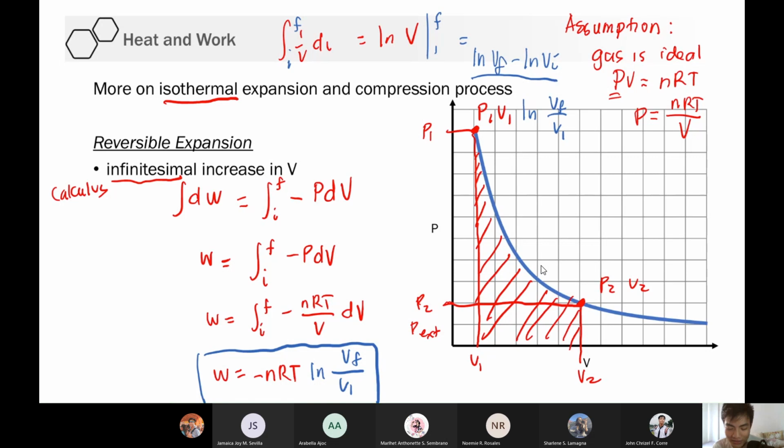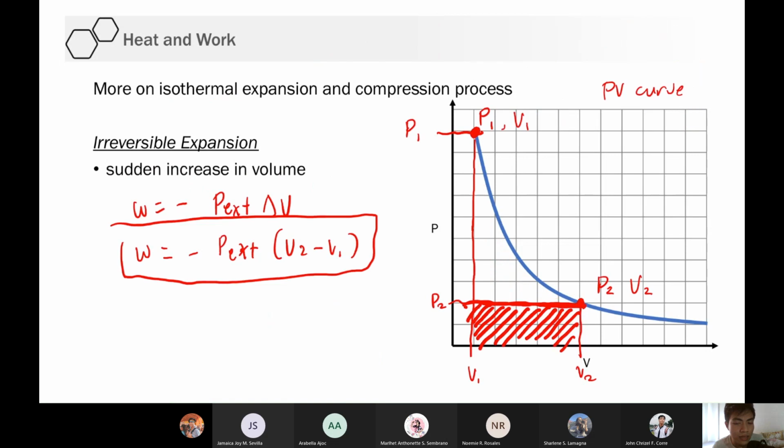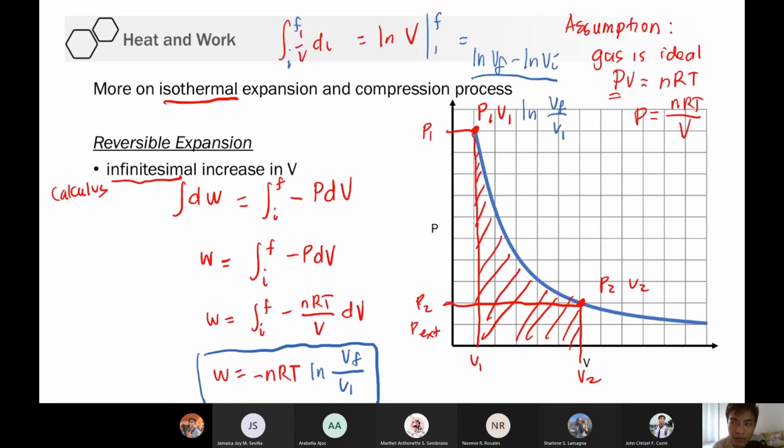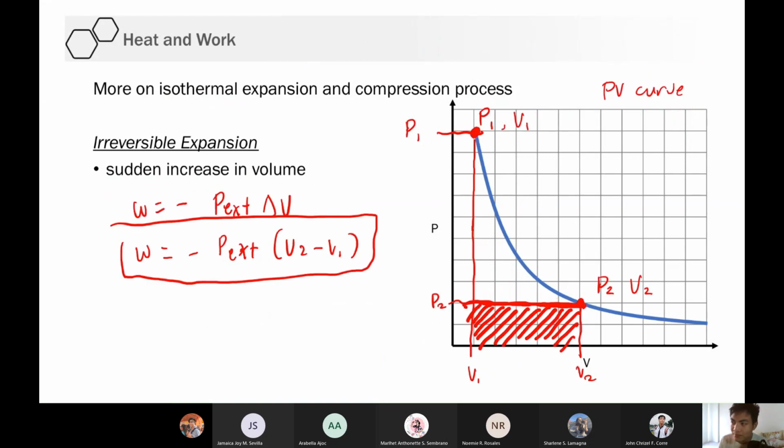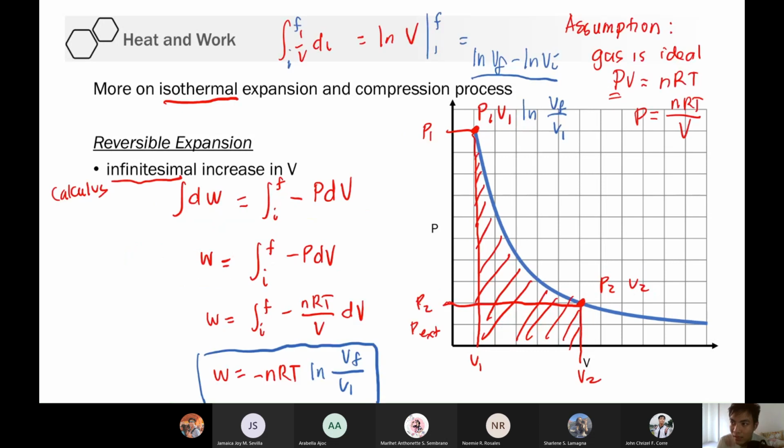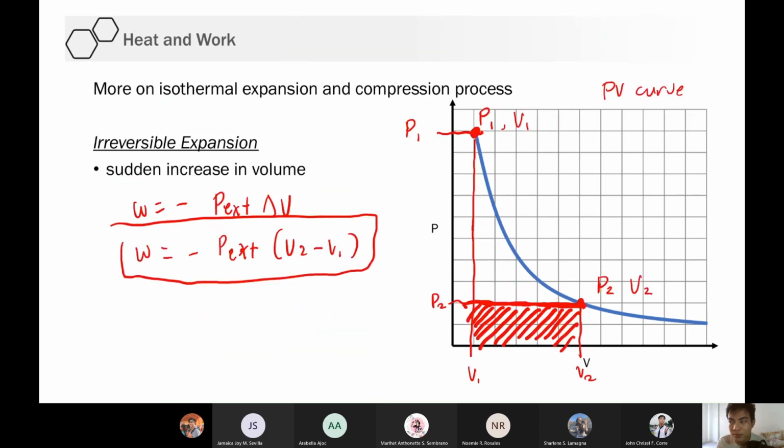Okay? Ngayon, I will ask you, of the two types of work, sino mas malaki yung value? Is it the irreversible or the reversible? Sino mas malaki value? Look at the area under the curve. If you flip ko yung slides para makapag-decide kayo, sino mas malaki? Reversible, irreversible.